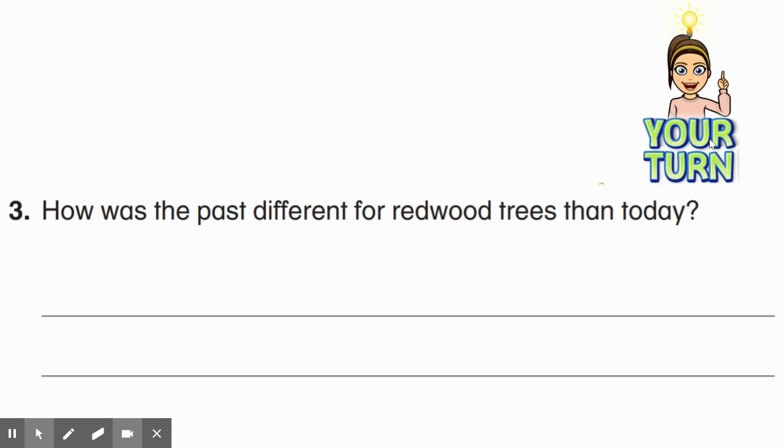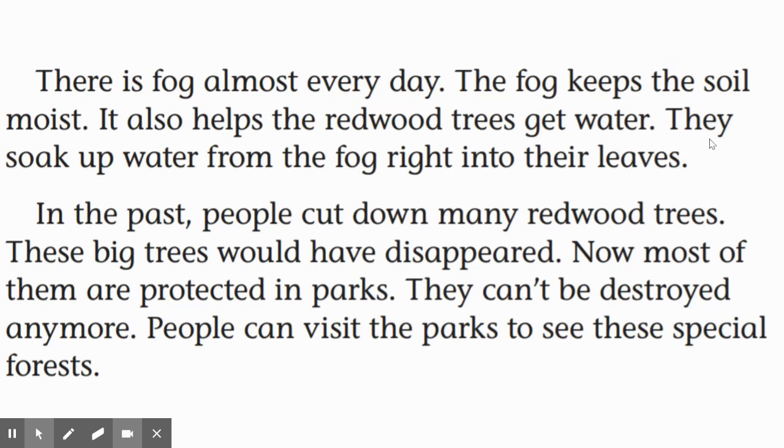All right, now it is your turn. Number 3, how was the past different for redwood trees than today? So how were redwood trees treated by people in the past? And how are they treated today? Well, I can find the section in the text that talked about the past. It was the last paragraph, because I can see the words in the past.